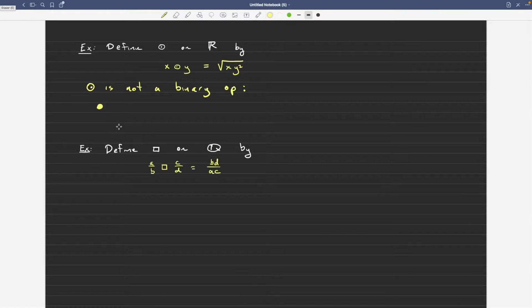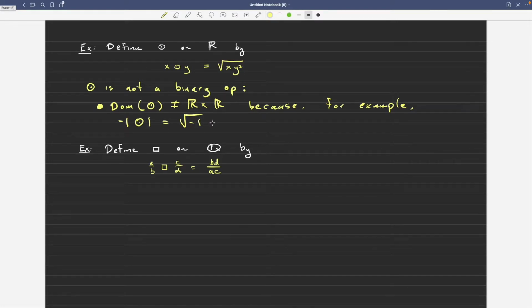So I'm going to say that the domain here of circle dot does not equal R cross R because, for example, -1 circle dot 1 equals the square root of -1, and square root of -1 is not allowed since the range of circle dot must be a subset of R.